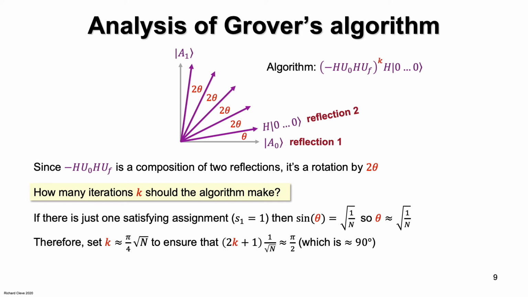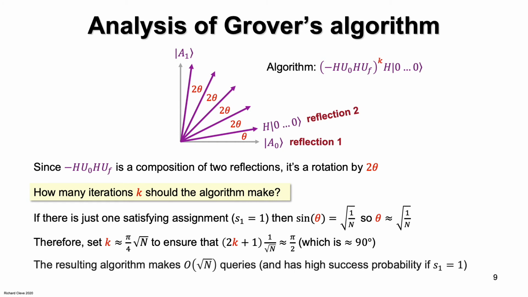That's about 90 degrees. The resulting state will not be exactly ket A1, because that's likely a state between two angles. But it will be close, so measuring will produce a satisfying assignment with high probability. The resulting algorithm makes order square root of n queries, one per iteration, and has high success probability.